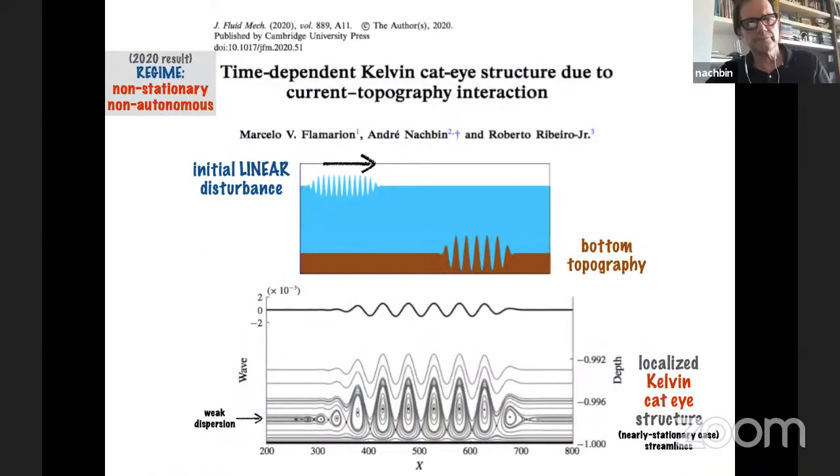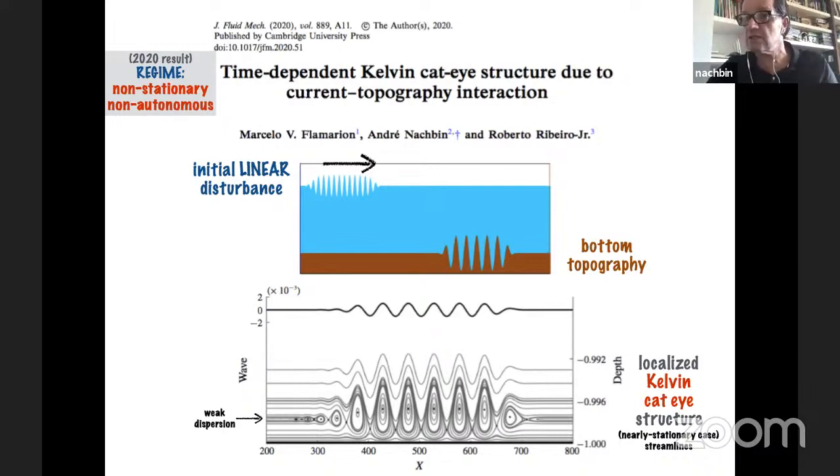Then we started putting together the work of Roberto with Marcelo. And by putting the work of Roberto together with Marcelo, we then went to this other recent paper, in JFM, where we looked at the time-dependent Kelvin cat's-eye structure due to the presence of a topography. So we were asking ourselves, the Kelvin cat's-eye appears in the stationary framework. The ODEs are autonomous. So can we do the same thing when we have some forcing, a basic topography?